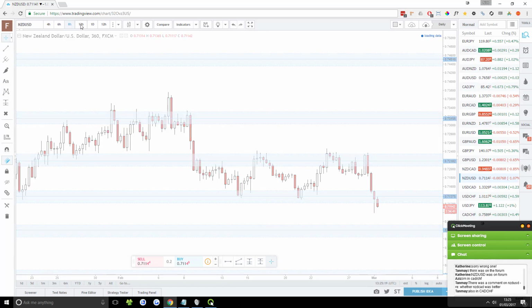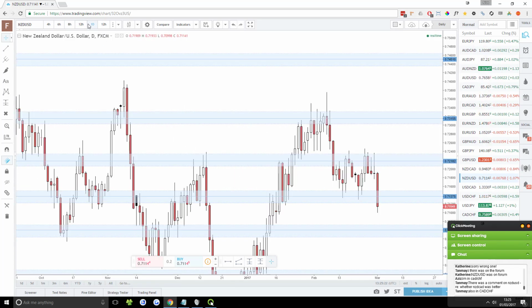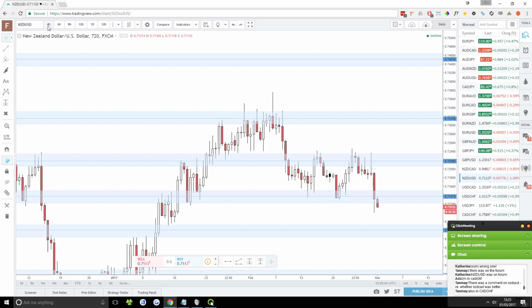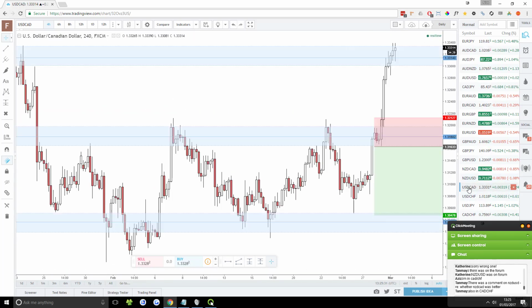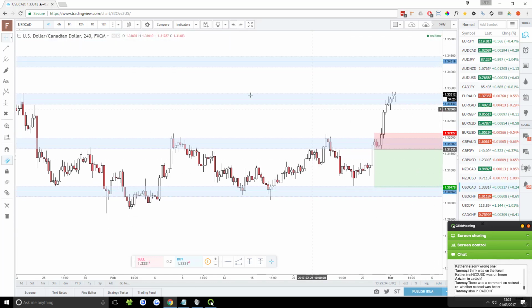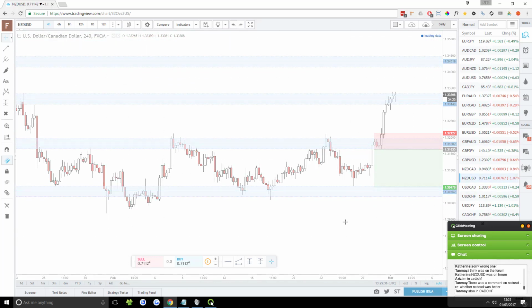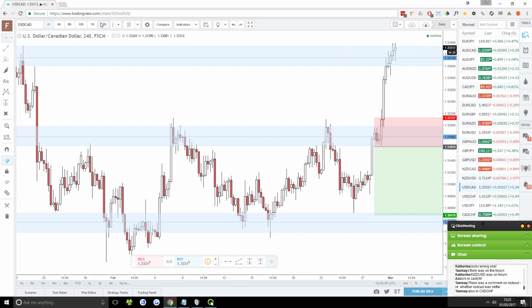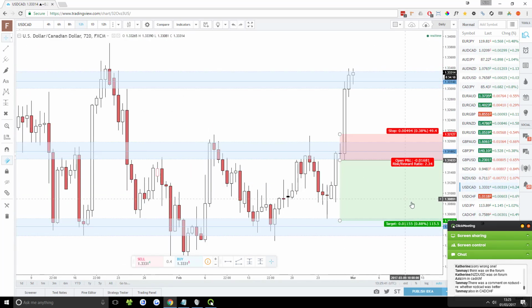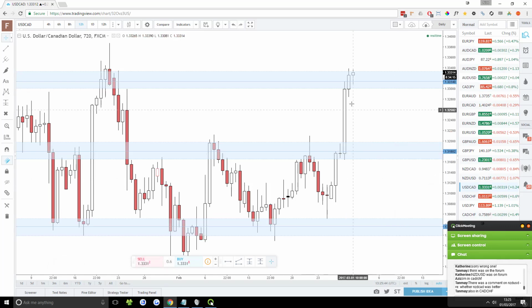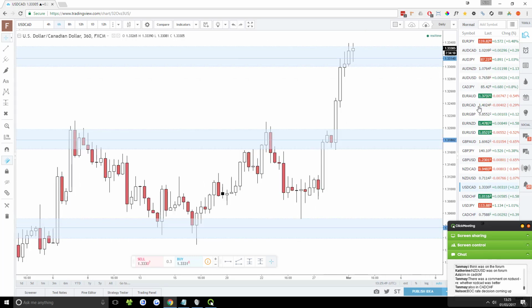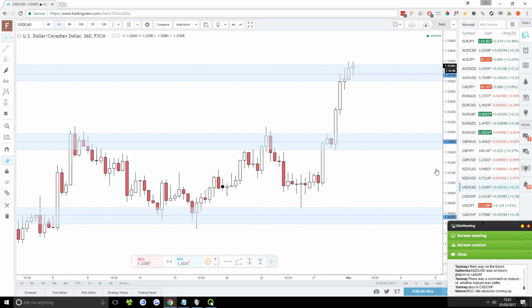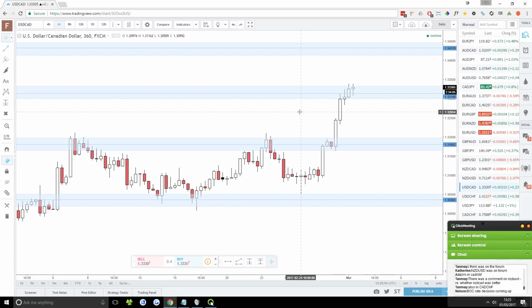New Zealand USD stalling on support, but that spike down. You can't get a decent risk to reward ratio on New Zealand USD, but USD CAD. Hello, sexy. This looks nice. Wow. BOC rate decision coming up.